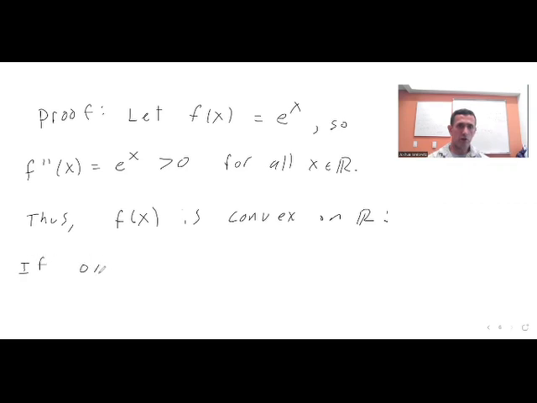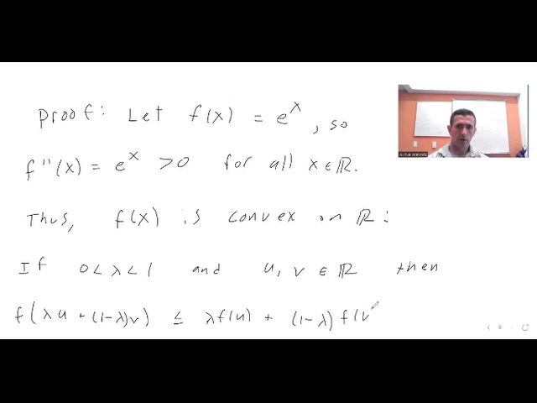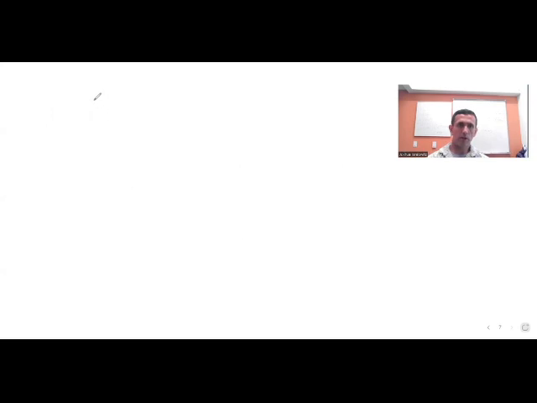If you haven't seen convexity before, I'll draw a picture to explain this. So strictly speaking, convexity is the following. Yeah, and I'll just draw the picture before I even explain what this means. Okay, so I'll go back to what this means in a second.